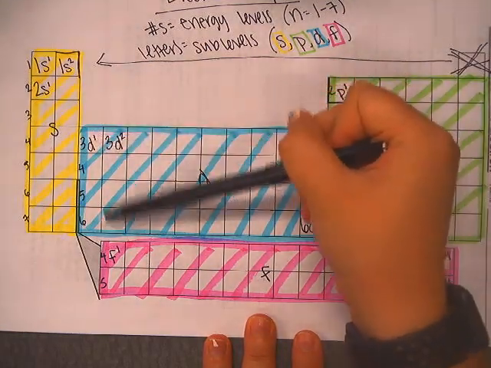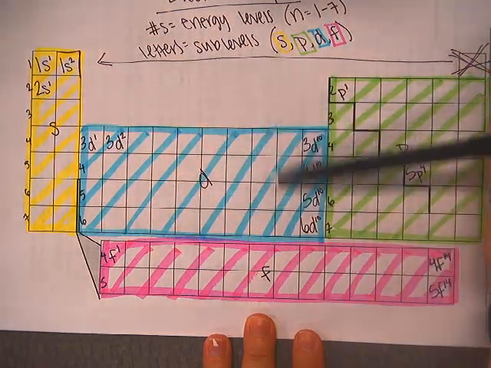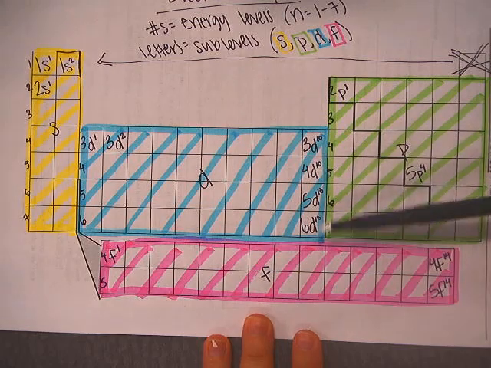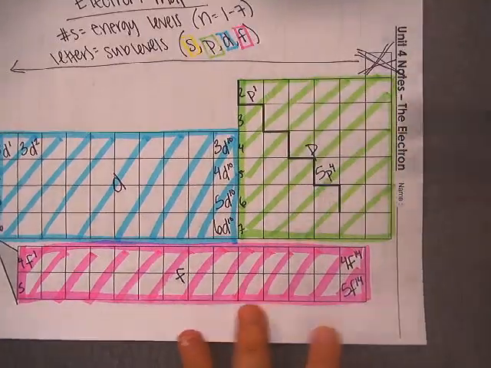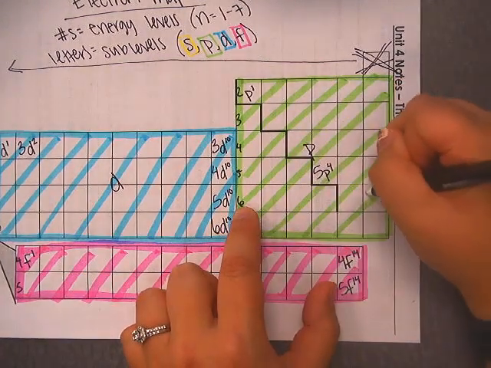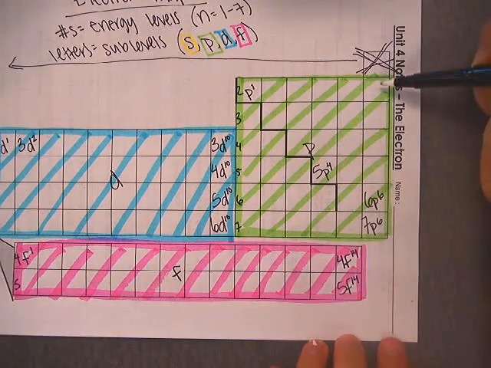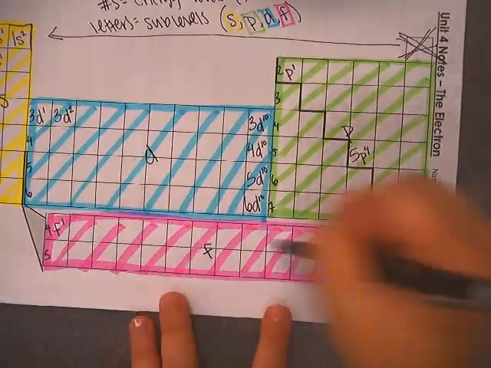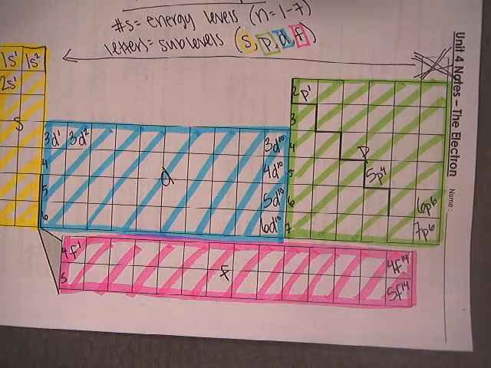So this is all 1, all 2, all 3, 4, 5, 6, 7, 8, 9, and 10. Sublevel P only goes up to box number 6. So if I do 6P6 or 7P6, all of these are going to end in P6. And then all of my pink ones are going to be F. So take some time and go through and label your periodic table so that we have every single box filled out.